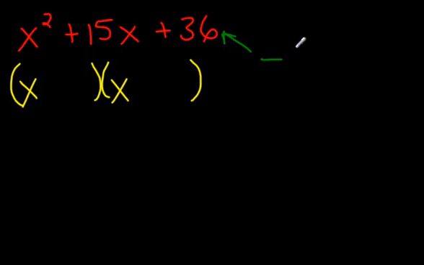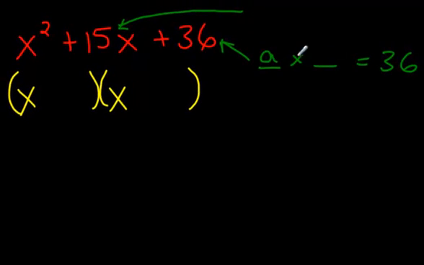So something times something is going to give us 36. Let's say we picked a times b is 36. Whatever you pick for a and b, when you add those same numbers up, you're going to have to come up with 15.